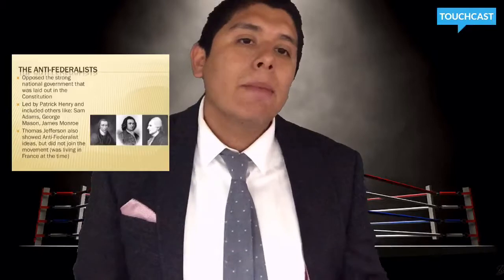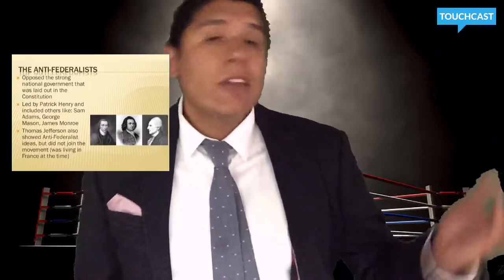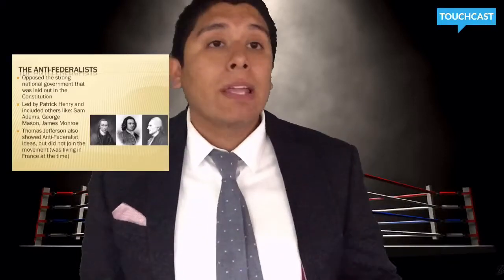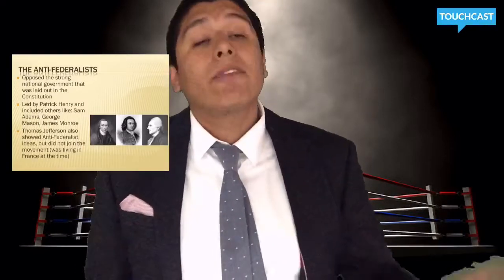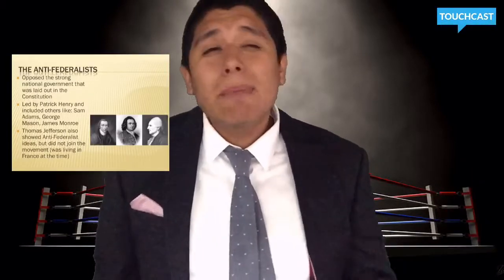They advocated for stronger states' rights, and they believed that if a strong central government was established, individual rights would be infringed upon, individual rights would be taken advantage of, and the average citizen would live under tyranny again. And they made some pretty impressive arguments in their Anti-Federalist Papers. One of them was about a long-standing army for the central government.